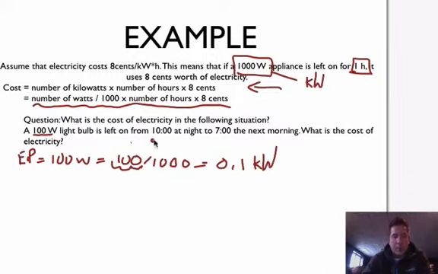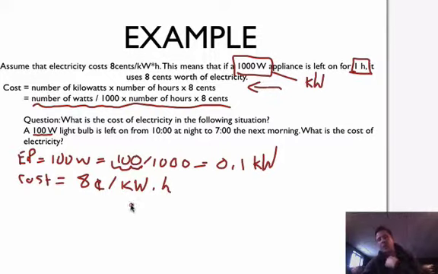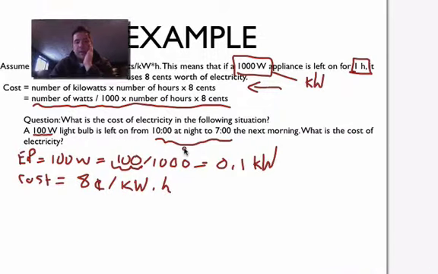Now, what else do I know? Well, the light bulb was left on. I know the cost equals 8 cents, and that's 8 cents per kilowatt hour. Now, I also know the duration of time, and that was important. It's from 10 at night to 7 in the morning.